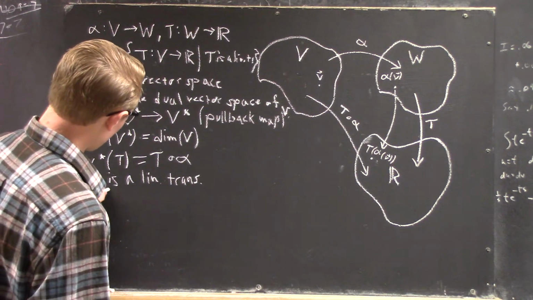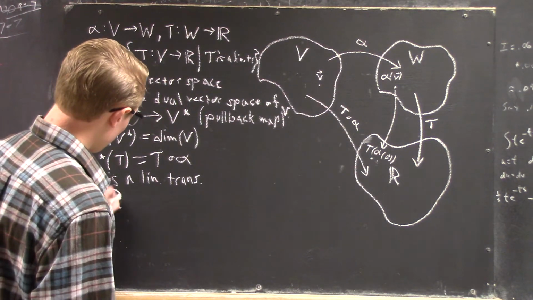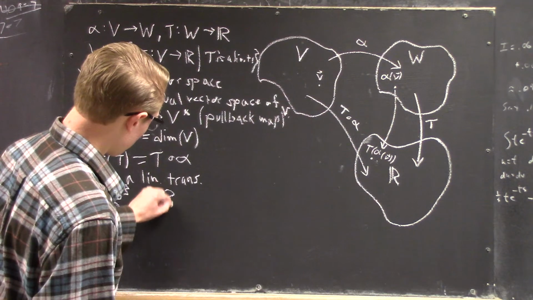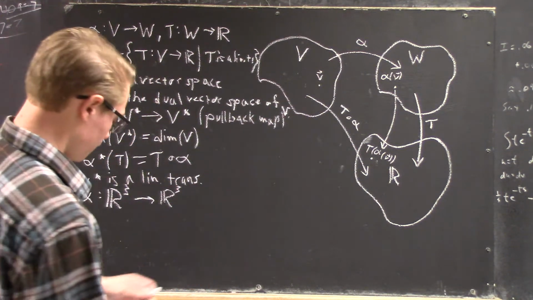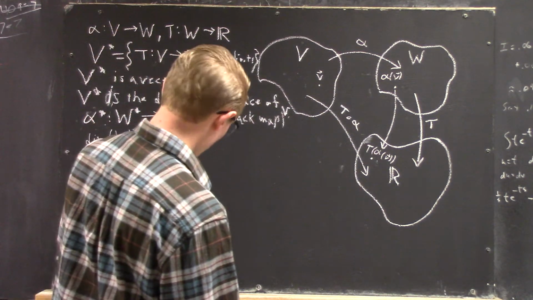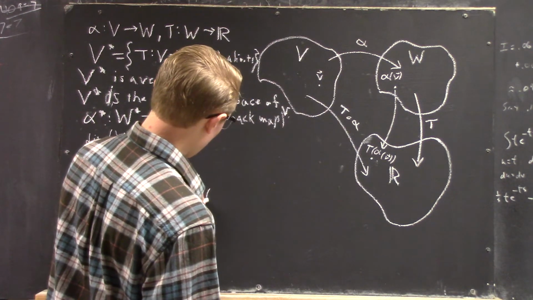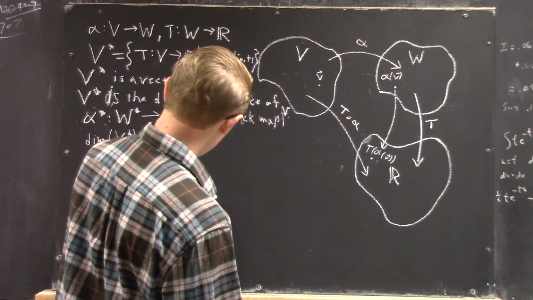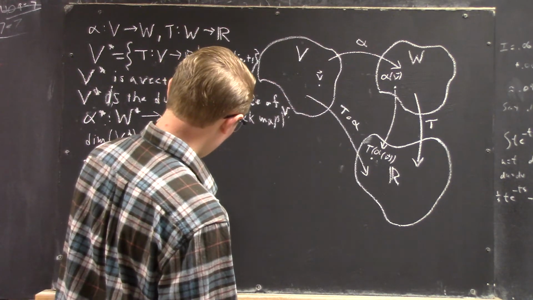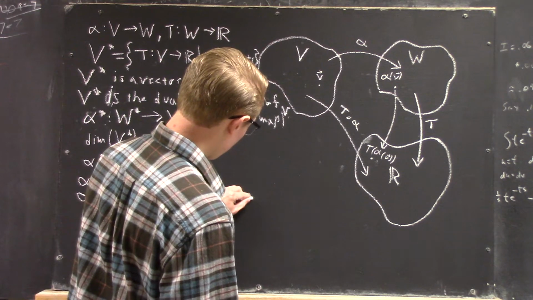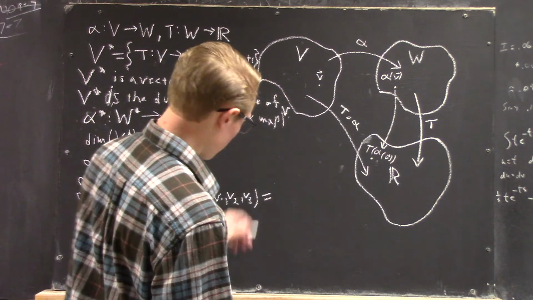we have a transformation alpha from R3, and let's just say this transformation is given by alpha, of course, on the elements. We have 3 elements in the R3 vector space for each particular vector.